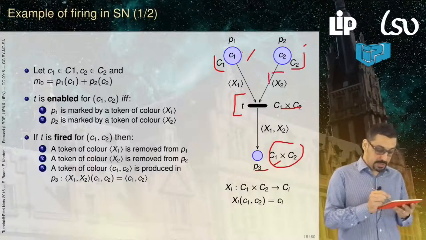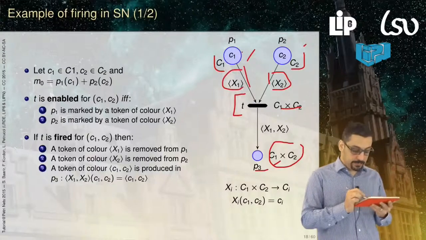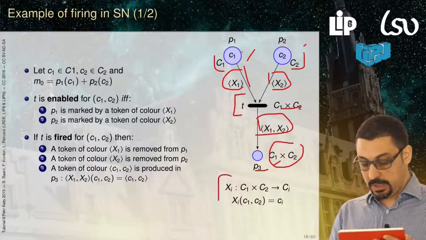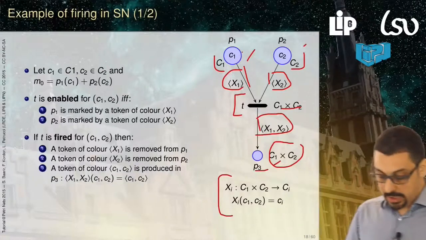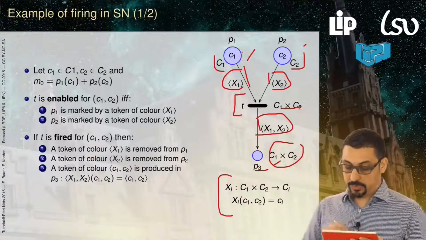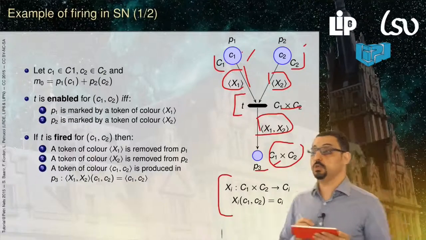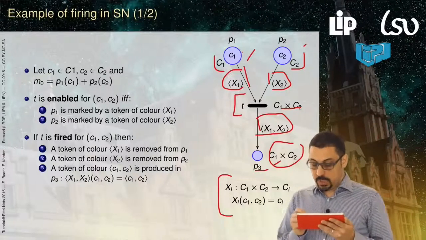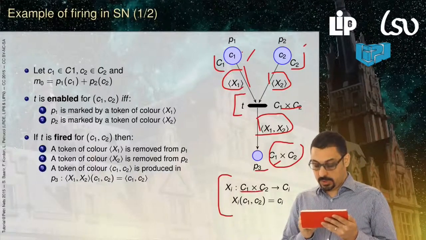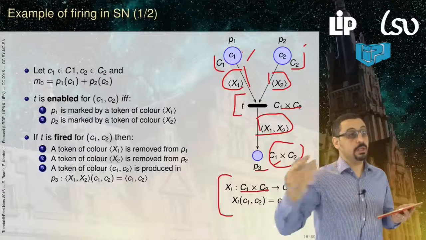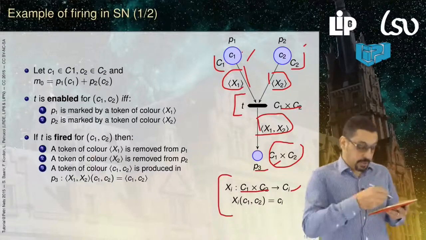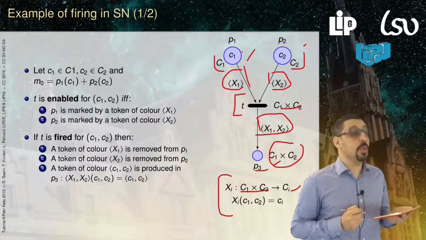What remains is the definition of the color functions that you can see here. I defined them in that way. Xi, for example, if we take the color function x1, it has as domain the one of T, C1 cross C2, and the codomain of this function is C1.